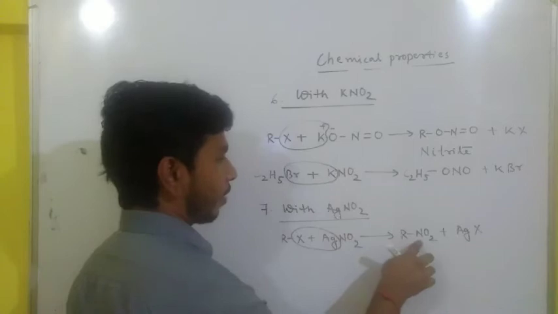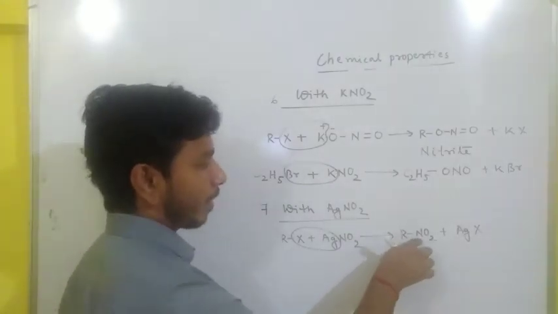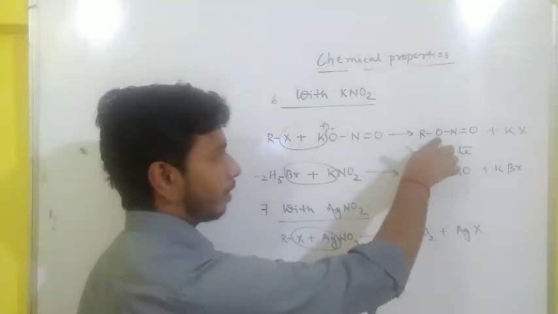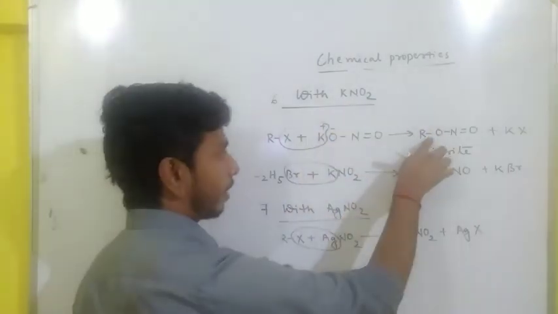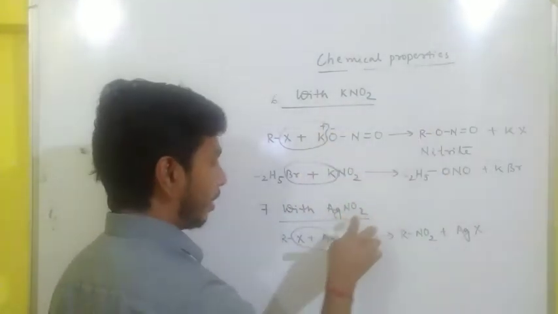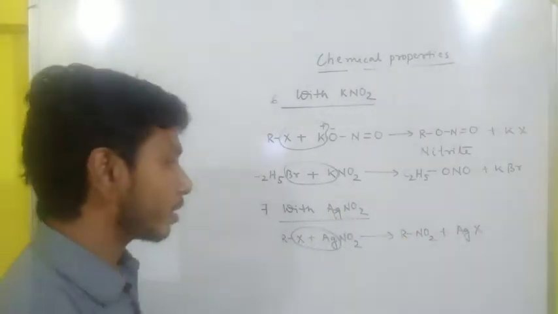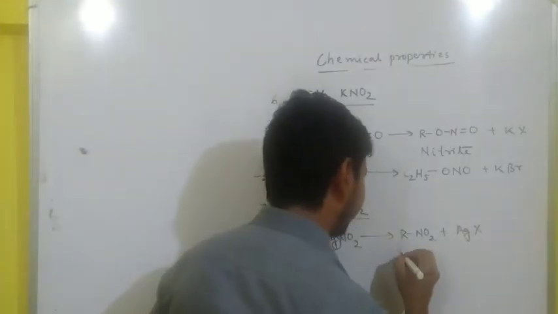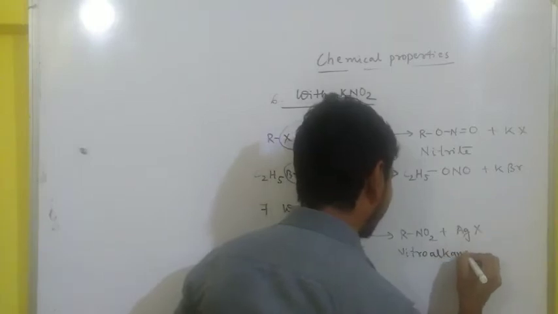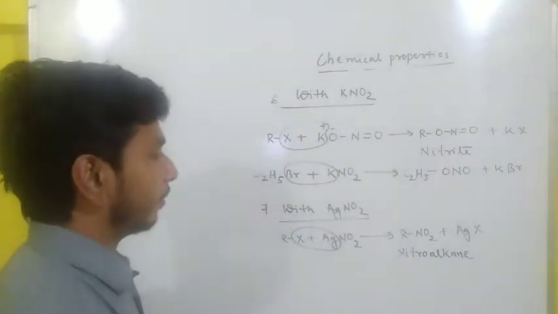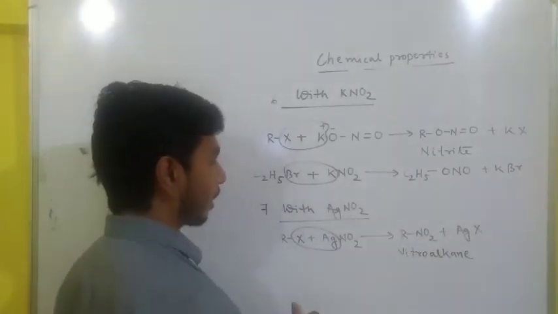Here it is nitroalkane. In RNO2 the bonding is with nitrogen, whereas here the bonding is with oxygen. So with KNO2 the bonding takes place with the oxygen, and with AgNO2 the bonding takes place with the nitrogen. It is called nitroalkane. So with AgNO2, we are getting the nitroalkane.